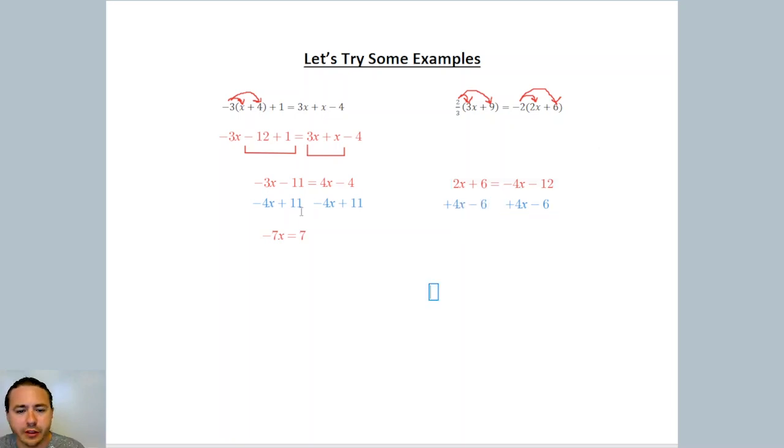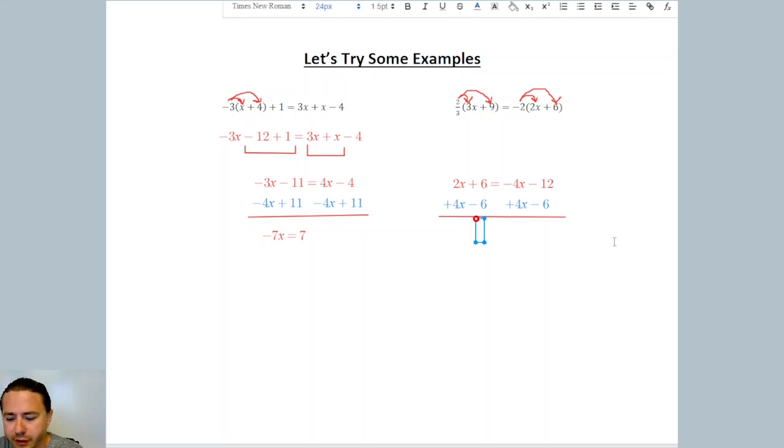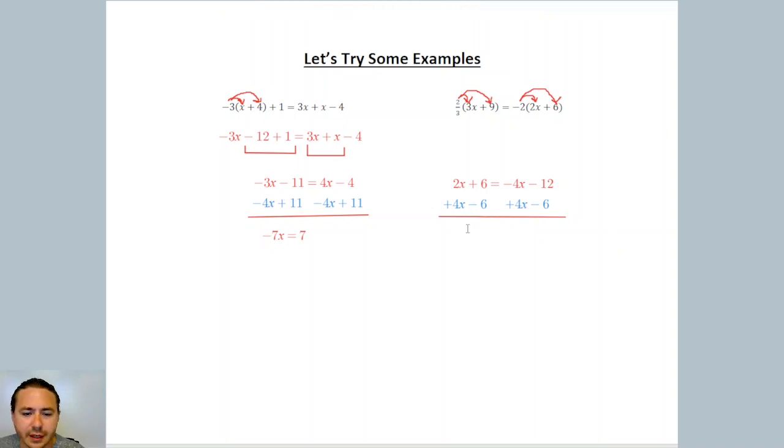So nothing really different than what we did over here. We're just moving our x term to the left and moving our constant to the right. So that'll leave us with 6x equals negative 18.